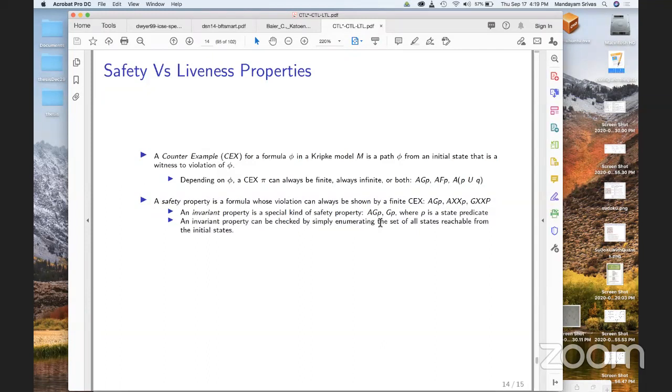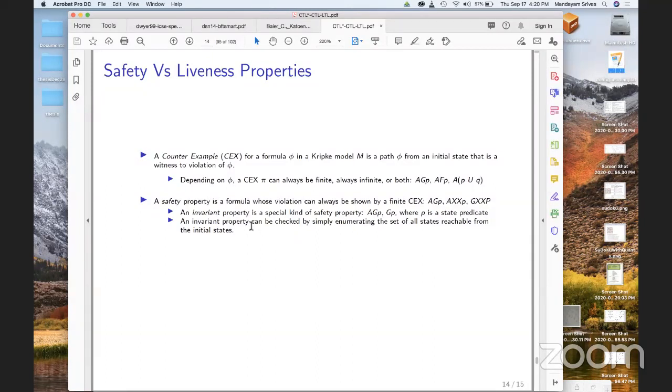An invariant property is probably the easiest to check, because you can check it by simply enumerating the set of all states reachable from the initial states, and then check if P holds good for all of those states. It's not dependent on any kind of path behavior, even with finite history, and therefore you can simply devise algorithms which just collect all reachable states, and you can do that a lot more efficiently than searching over paths.